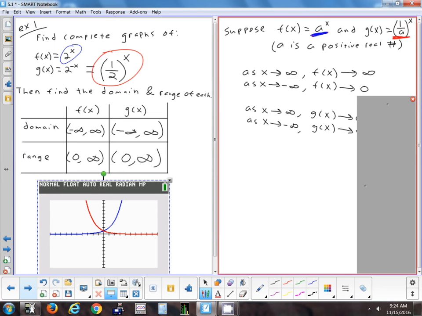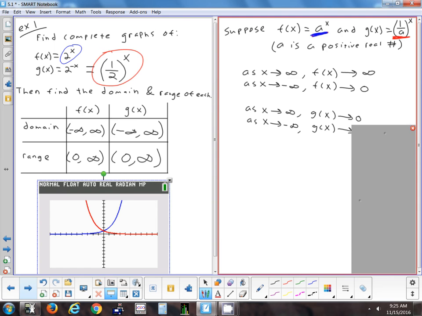Now let's look at it for a decay function. Let's look at the graph in red. What happens to the graph in red as x heads towards infinity? The y value approaches 0. All right, and now looking at g of x, the red function, what happens as x heads towards negative infinity?